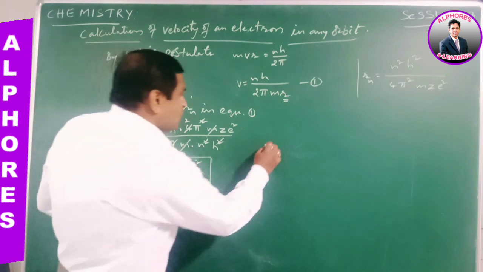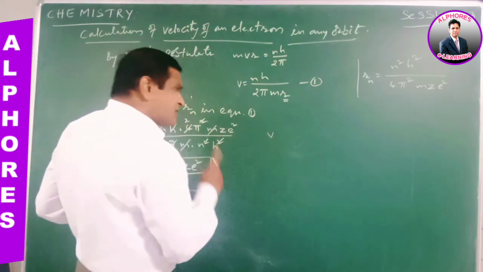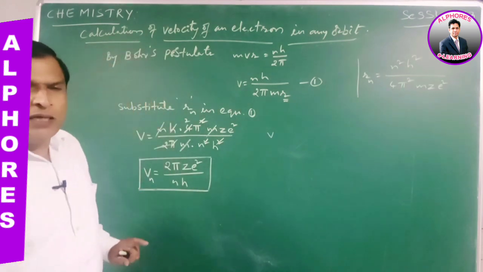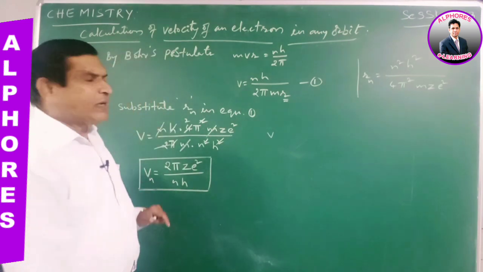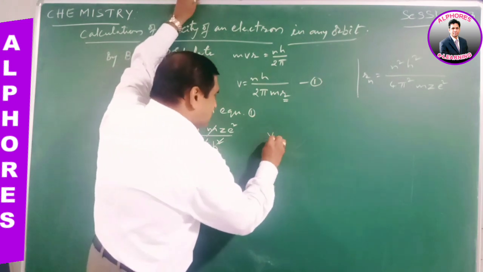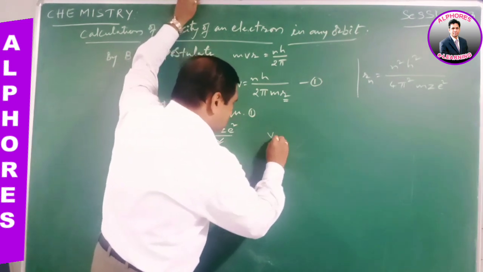Now let us calculate the velocity of the electron in the first orbit of the hydrogen atom.